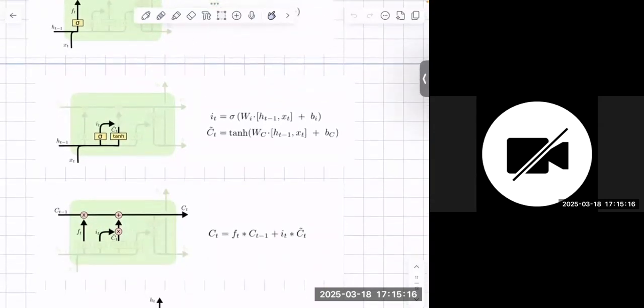Now, let's see the rest of the gates. The rest of the stuff is kind of trying to see what to remember in a way. So you put your previous state inside here. And also I think this should be sigmoid, and this is tanh. I guess the math is kind of clear enough.